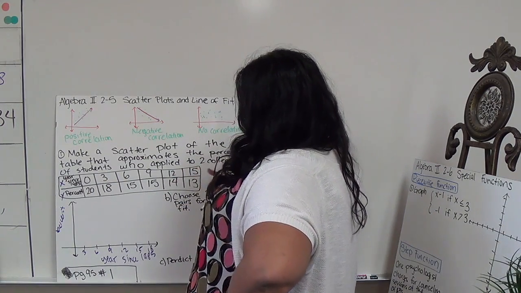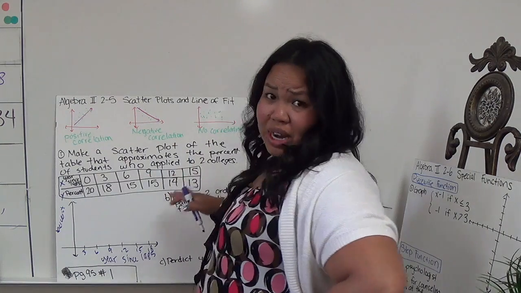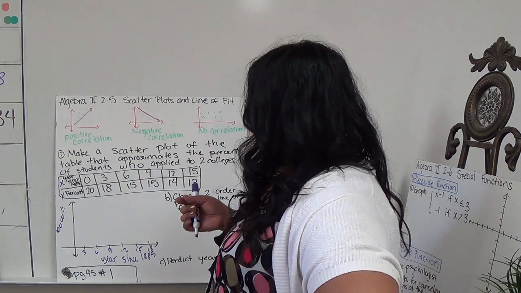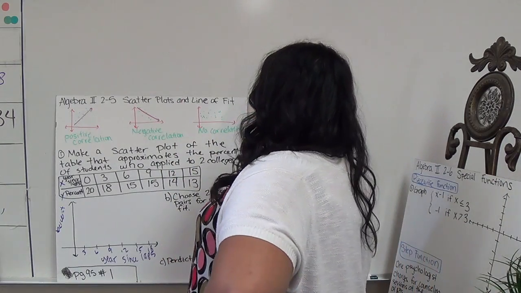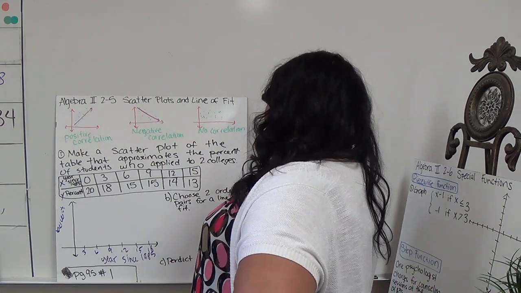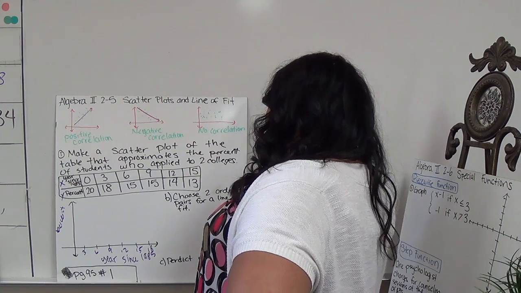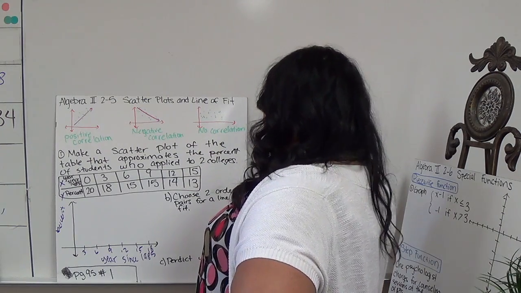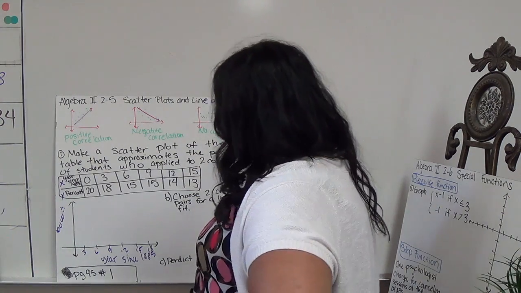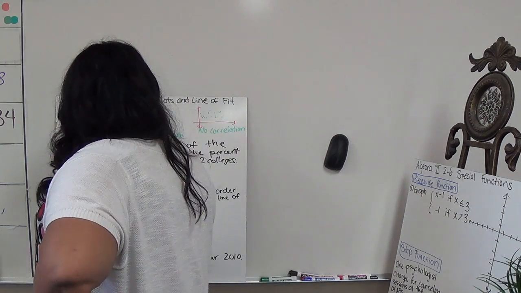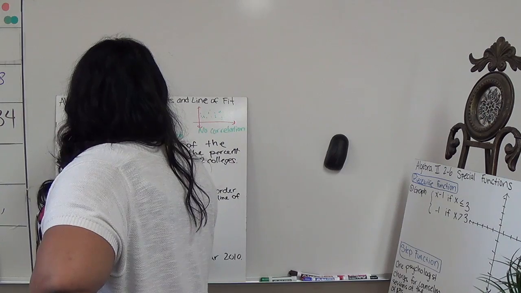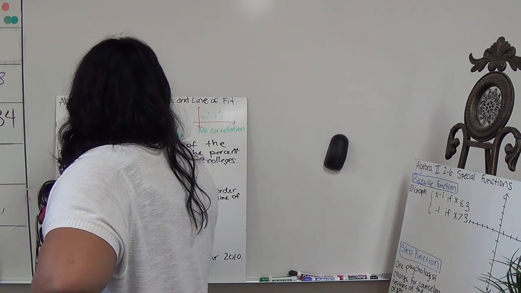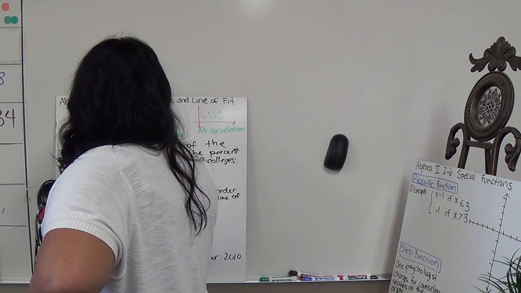If there's not a set pattern like this one, I'm going to look at the smallest and highest and then find a way to get from one to the other. So our lowest seems to be 13, our highest seems to be 20. So let's go by 2s. So 2, 4, 6, 8, 10, 12, 14, 16.